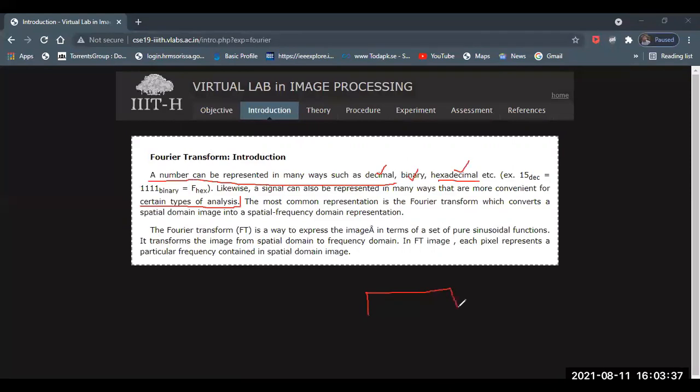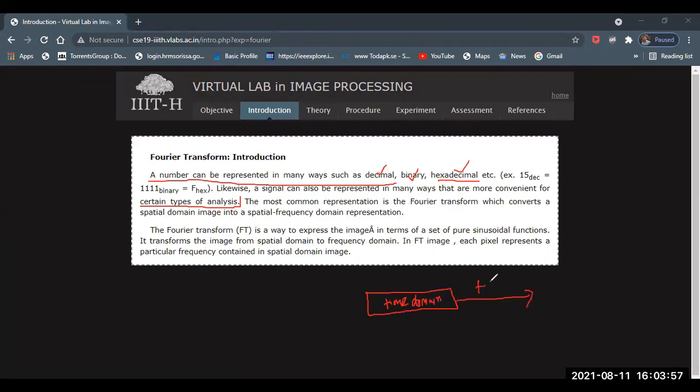Suppose this is my time domain, and I want to transform this signal x(t) by applying some transformation.